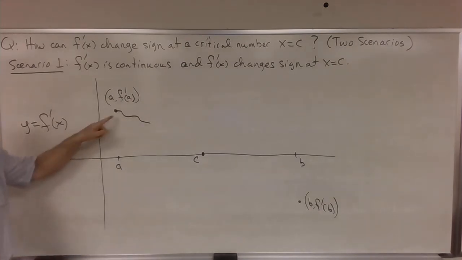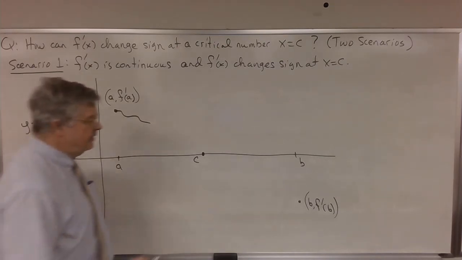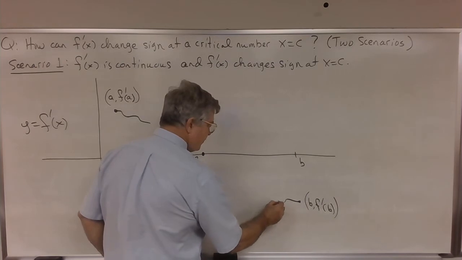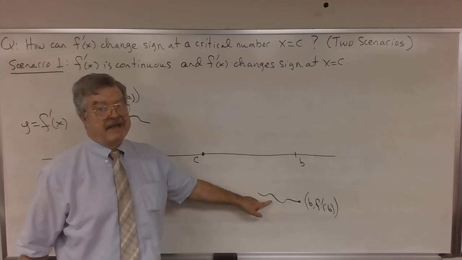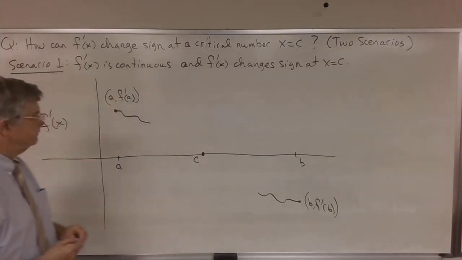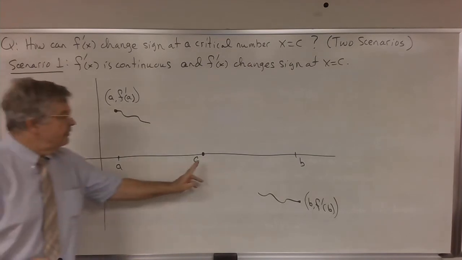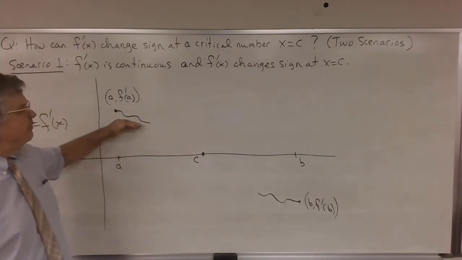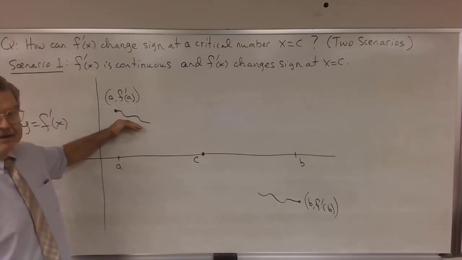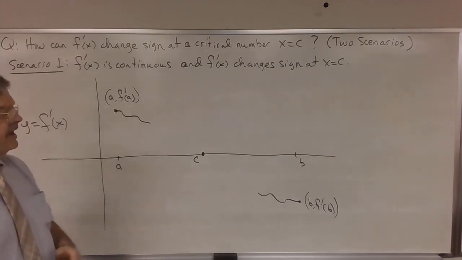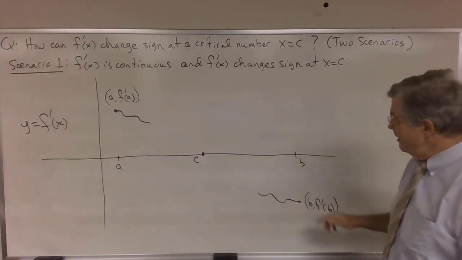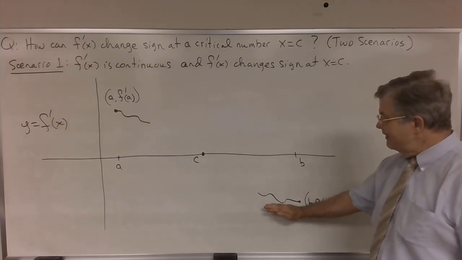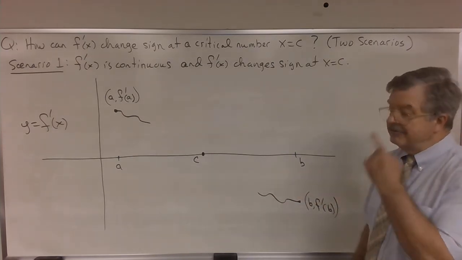So the graph of f prime of x is above the x-axis. And over here, we'll assume that the graph of f prime is negative. So the graph of f prime is below the x-axis over here. So to the left of x equals c, f prime of x is positive, and the graph of f prime of x is above the x-axis. And to the right of x equals c, f prime of x is negative, and the graph of f prime of x is below the x-axis.